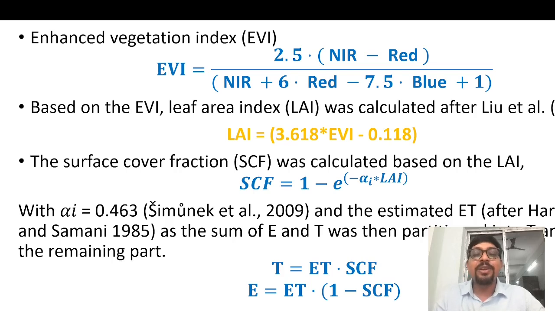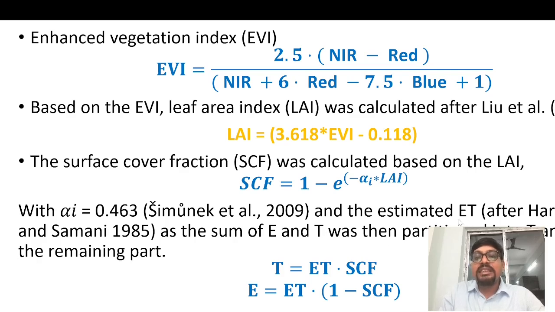And if we want to calculate surface cover fraction, SCF, from this LAI, then it would be 1 minus e to the power minus alpha multiplied by LAI. Here alpha is fixed at 0.463 according to Simonek et al. 2009.